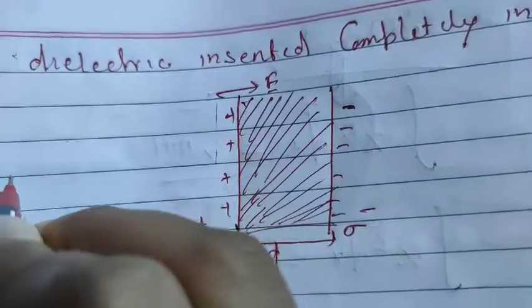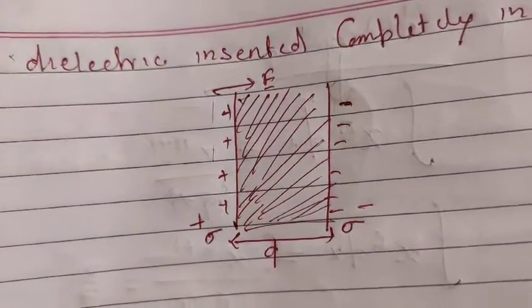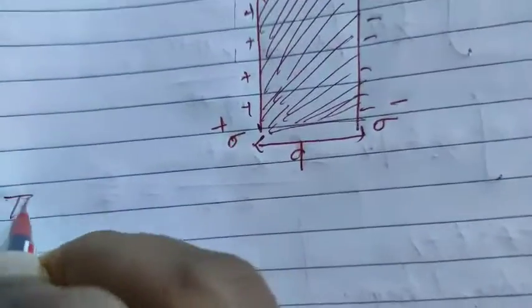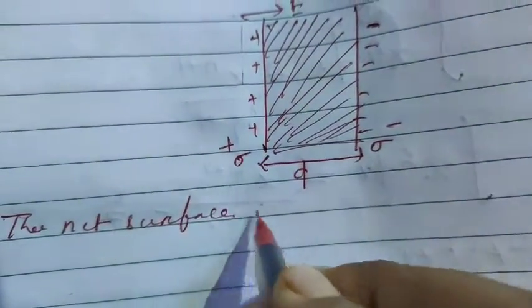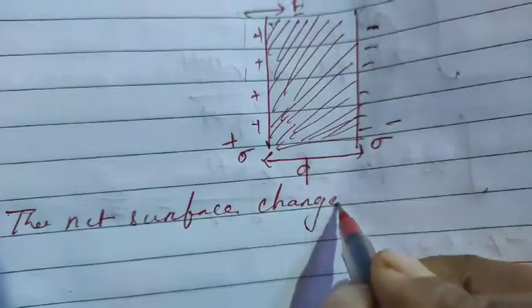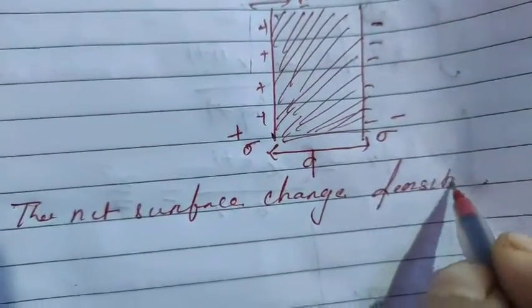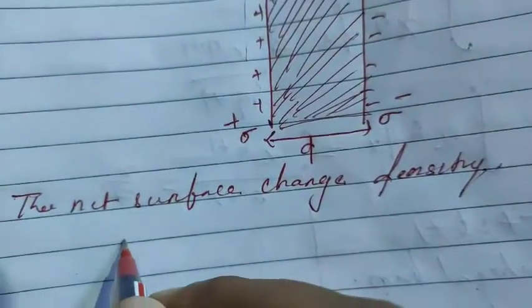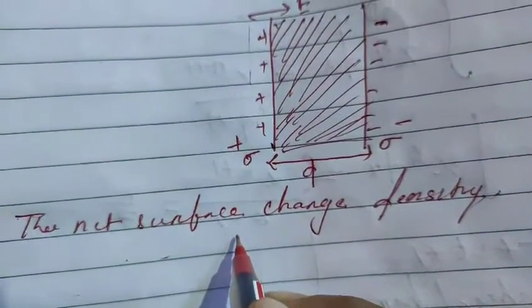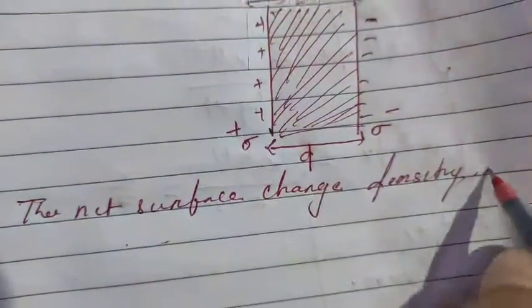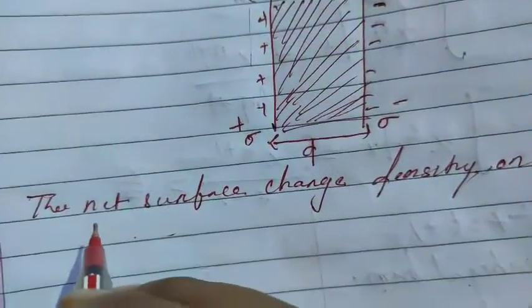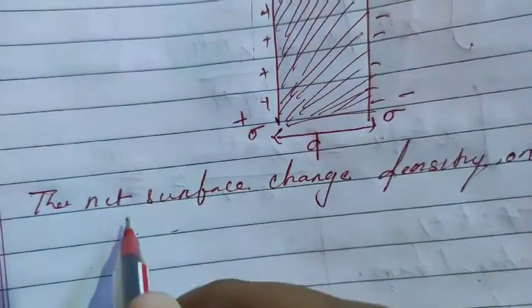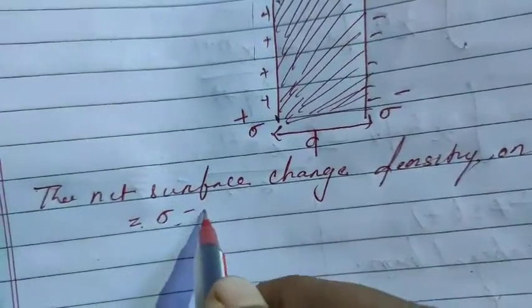Now, as you know, the net surface charge density on a plate, students, on a plate. So what is the net surface charge density? That is taken as sigma minus sigma p.